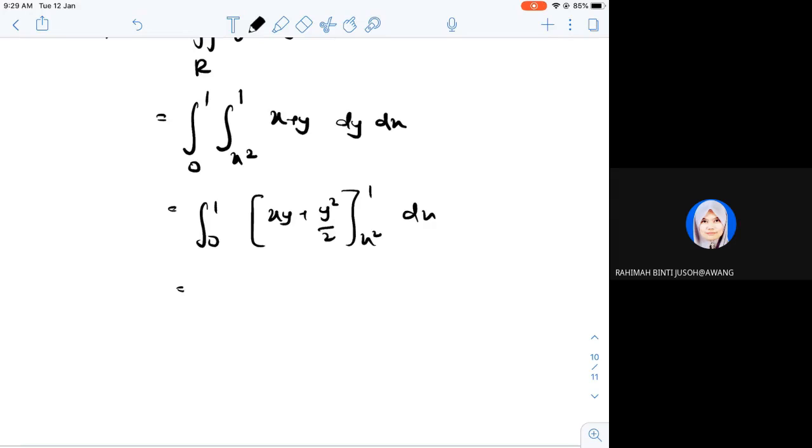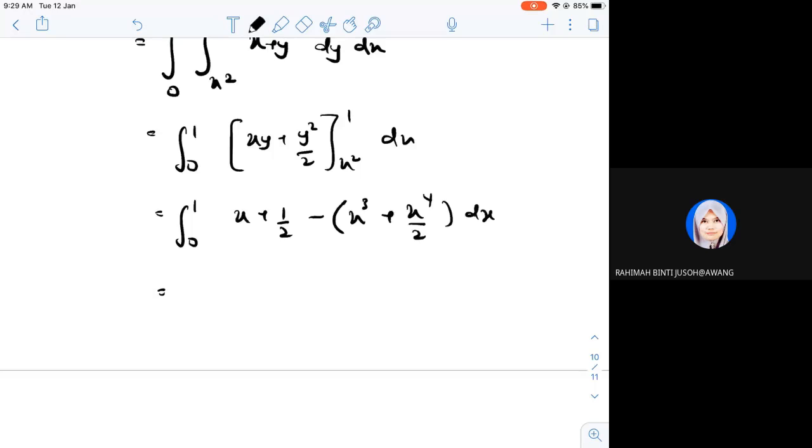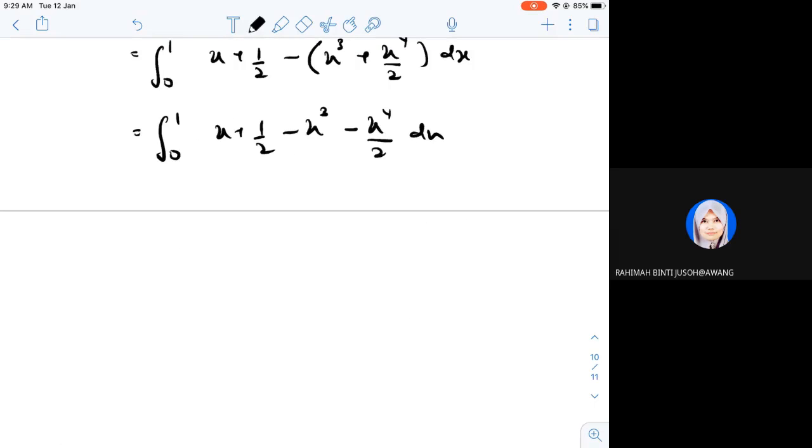Okay, so we have 0 until 1, x plus 1 over 2 minus x to the power of 2 times x to the power of 3, plus x to the power of 4 over 2 dx. So now we will have 0 until 1, x plus 1 over 2 minus x cubed minus x to the power of 4 over 2 dx. Only then integrate.